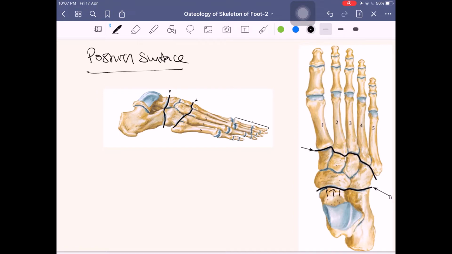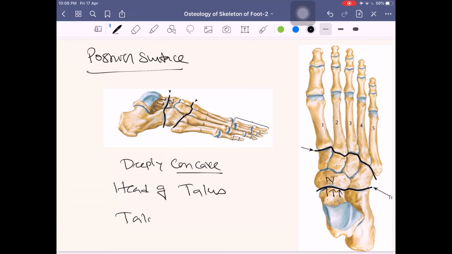So here is the surface we are talking about, and this is our bone, navicular. This surface is deeply concave. The reason why it is deeply concave is because it is like a socket for the head of the talus. The head of talus articulates here, and thereby forms your talonavicular joint.